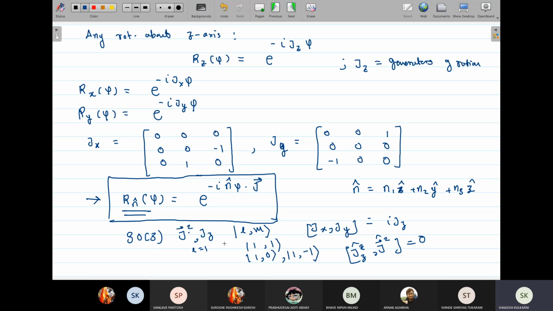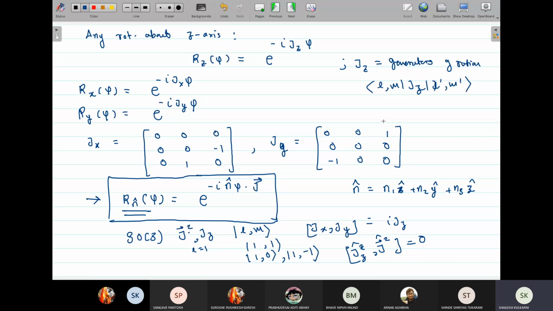Agree? Okay. Then you ask what is the matrix of Jz in these states. You must have calculated this. Right?